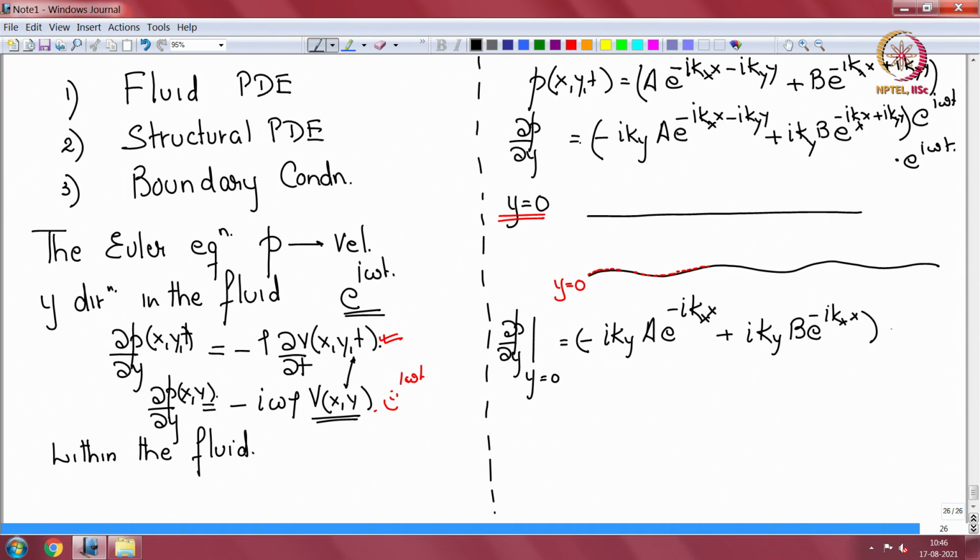Let us keep the time term. Now, this is equal to this term over here.